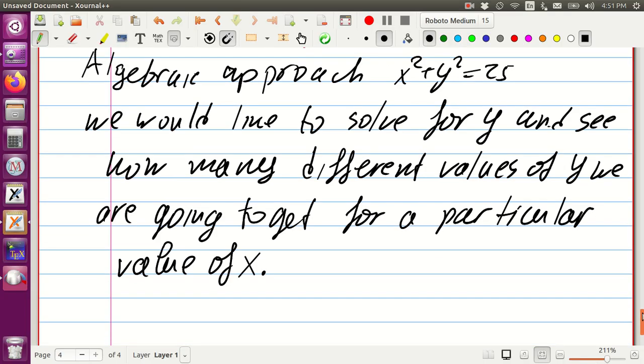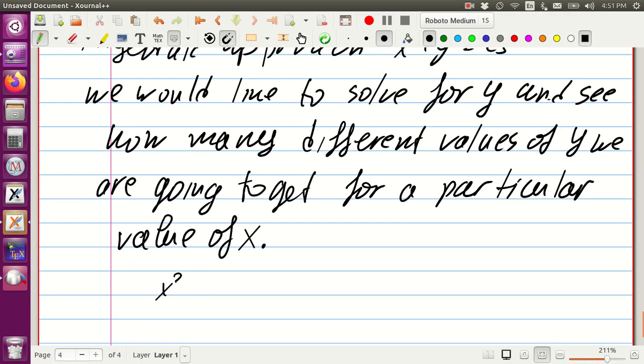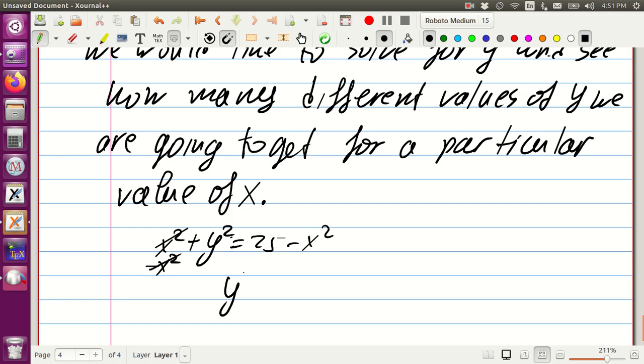So let's do this out. So we have x squared plus y squared equals 25. We subtract x squared from both sides, and we get y squared equals 25 minus x squared. So we take a square root on both sides, so we get y equals, let's remind ourselves, when we take a square root on both sides, we have to introduce plus or minus.